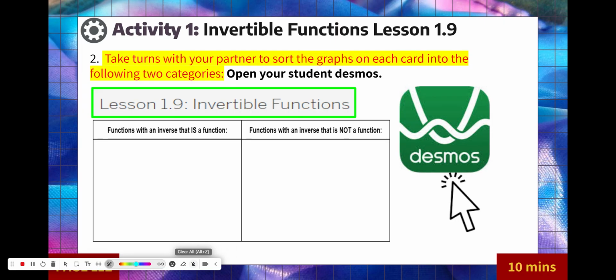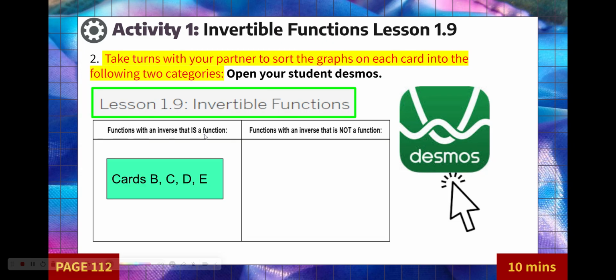And we're back. Now to check functions with an inverse that is a function. Again, a regular equation, function with an inverse, and then it is a function. So cards B, C, D, and E. Okay? Their inverse graph is also a function. Now for the second set, function with an inverse that is not a function.